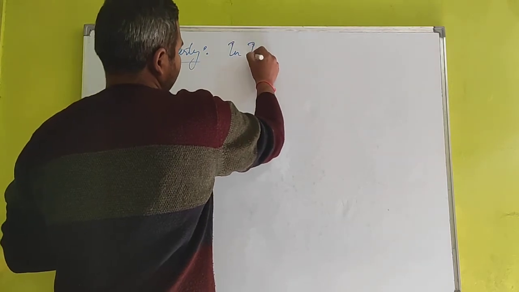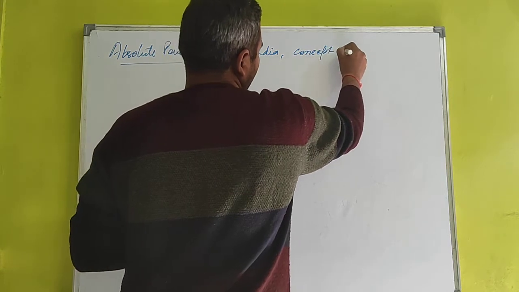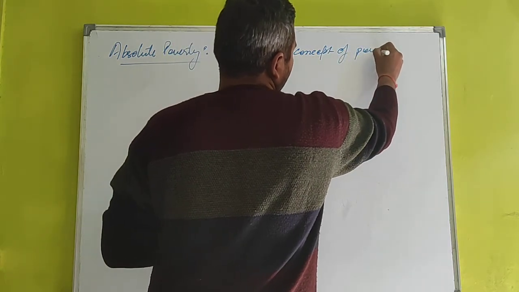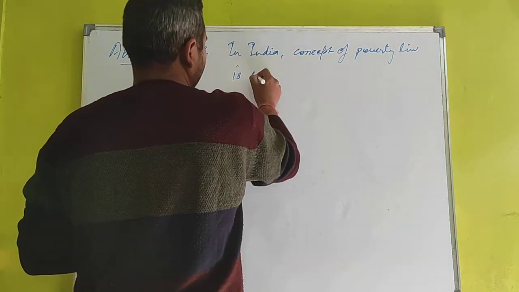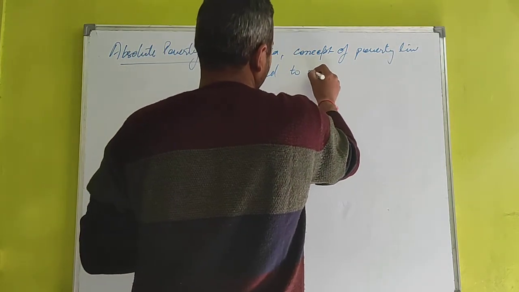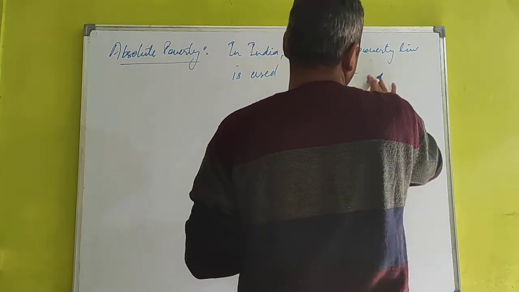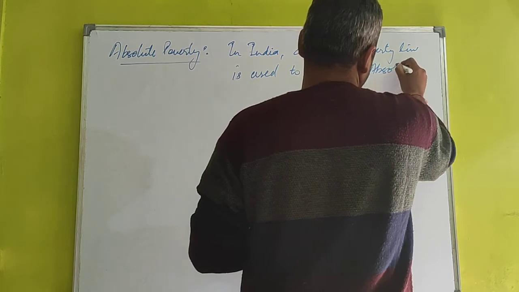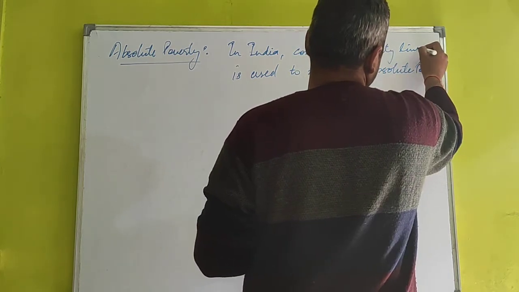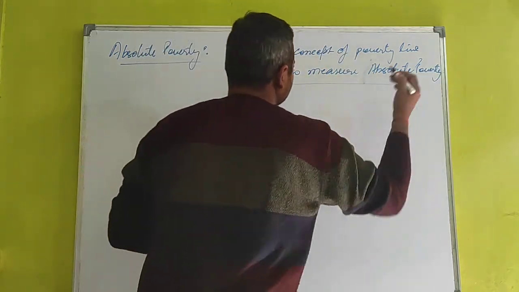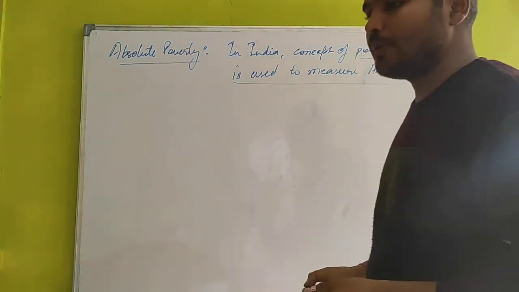In India, the concept of poverty line is used to measure absolute poverty. Okay, so in India, absolute poverty is measured through the poverty line. Now, what is the poverty line?